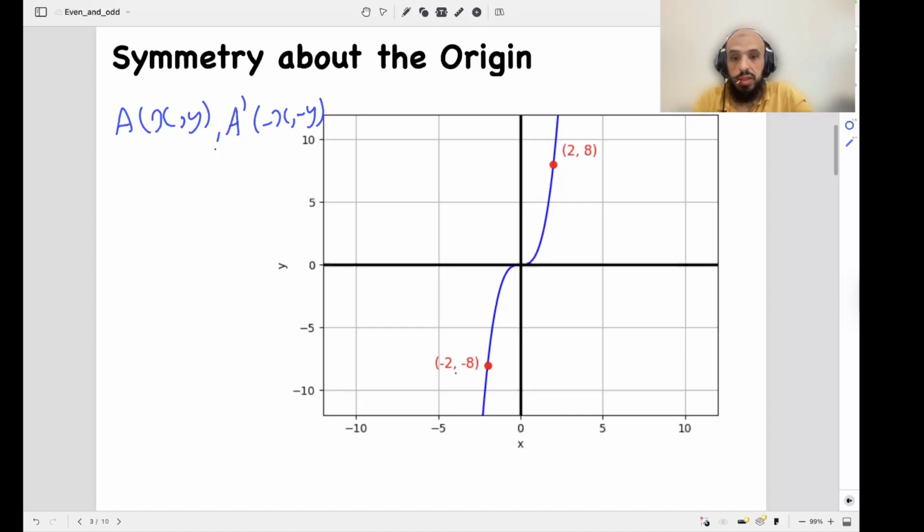Like here we see that the two points 2, 8 and negative 2, negative 8 both lie on the curve of the function, and this function is f of x equals x cubed.